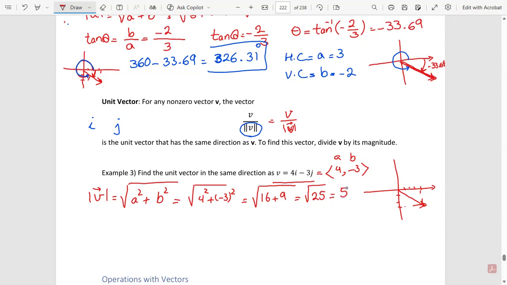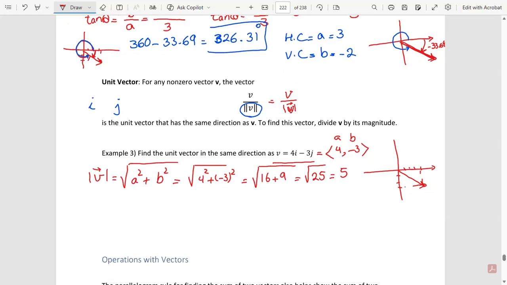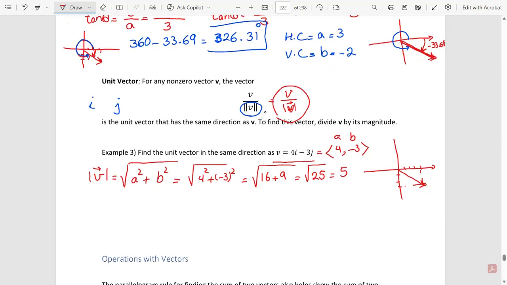Okay, so the magnitude is fine. Now what do we do? We divide the vector by its magnitude. Your vector is 4i minus 3j. You have to divide it by its magnitude, divide it by 5.